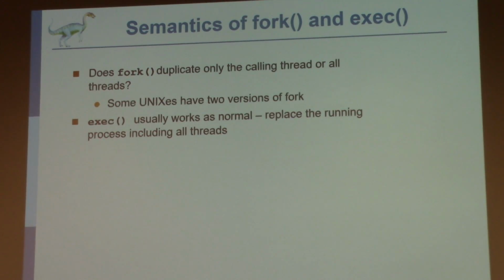Exec just loads and copies the instruction part only. So exec is not a big deal, but when you are using threads, in case you need to fork or create a new thread, you need to check how the system library, your operating system and the programming work for such a part, especially.